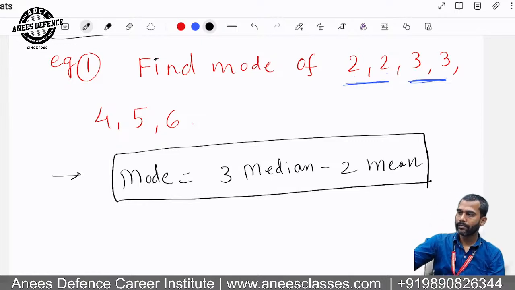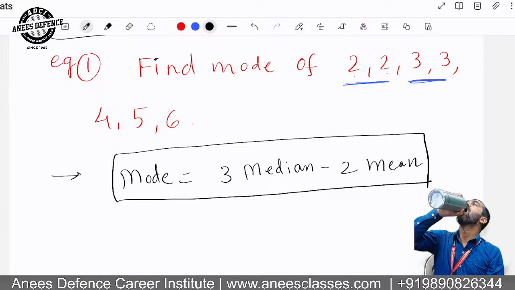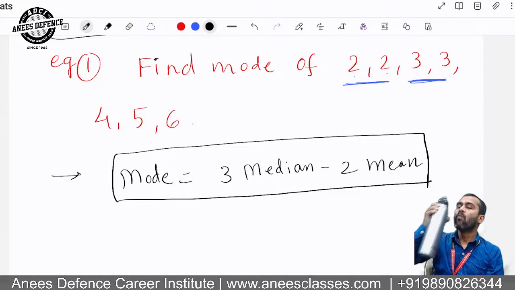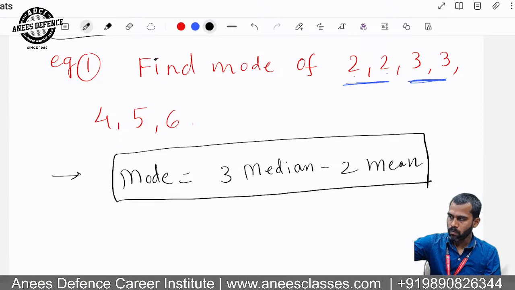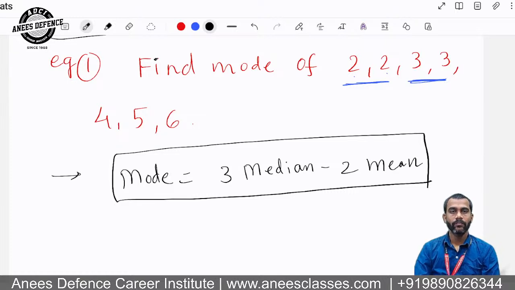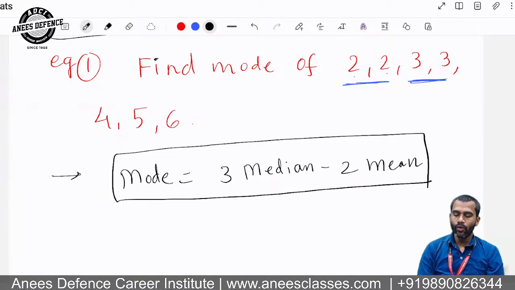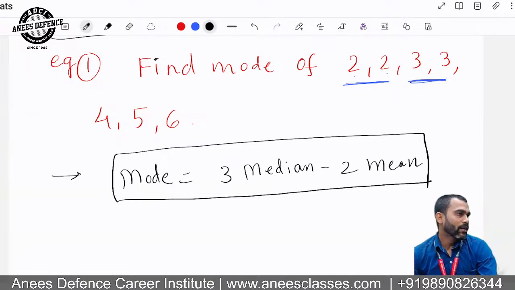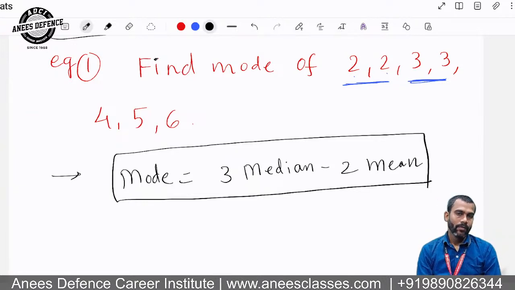You need to find out mode correct up to 2 decimal places. Please try.